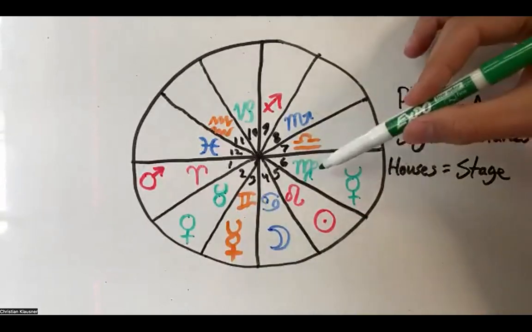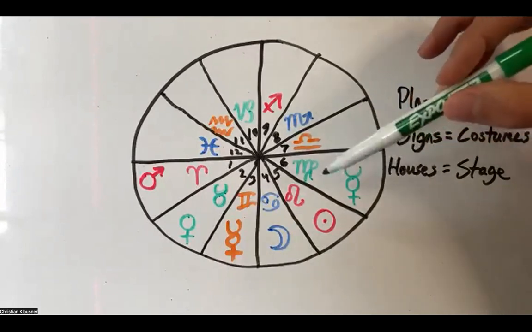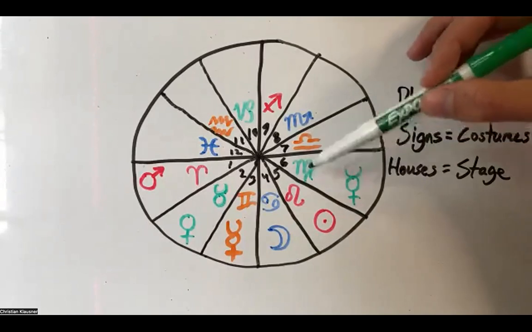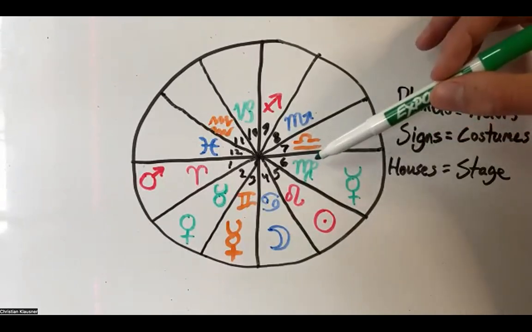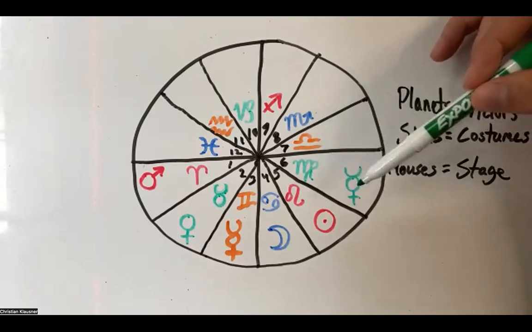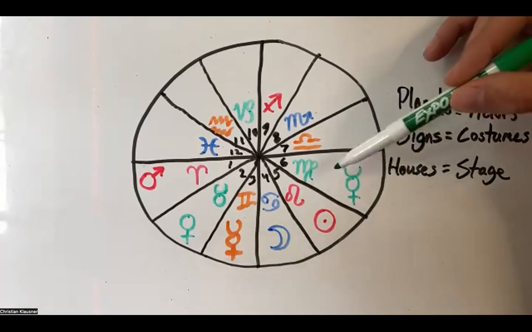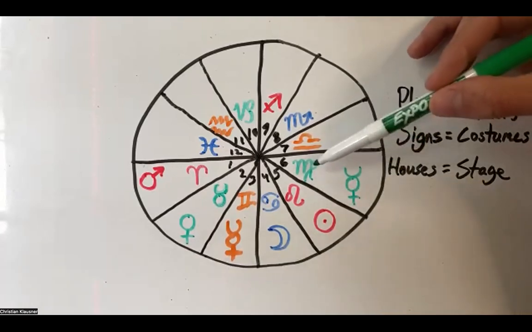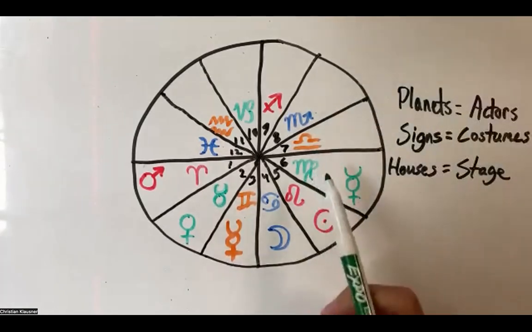Mercury rules Virgo, and this is about the part of the mind which wants to understand things through physical experimentation and critical analysis. So this is the part of the mind which is very scientific, because science deals with physics, the laws of physics. And that's why Virgo is so critical, because it's tuned into the senses.